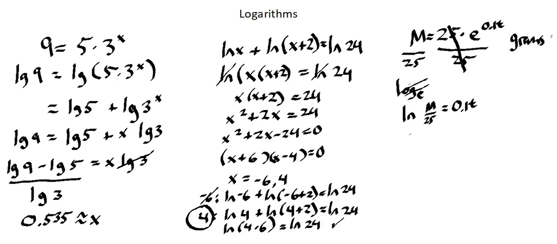Now I can do one more simplification. I can multiply both sides by 10. On the right, my 0.1 goes away, and now I have the equation 10 times the natural log of m over 25 equals t.